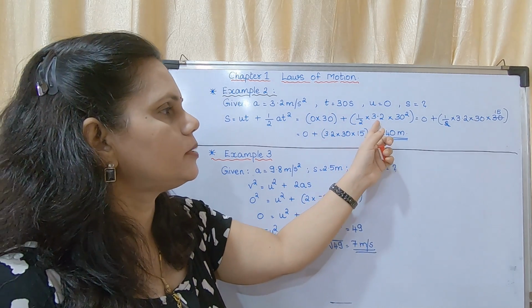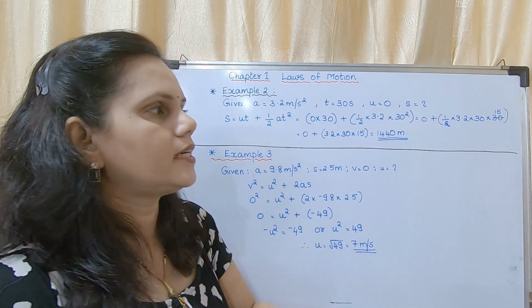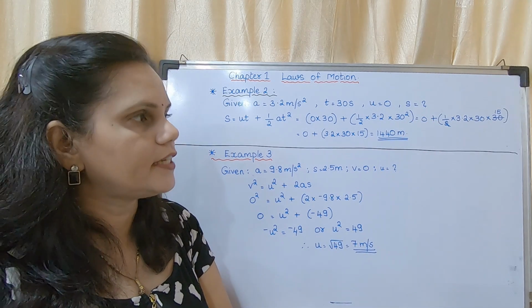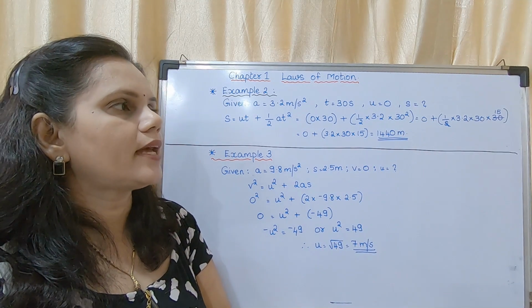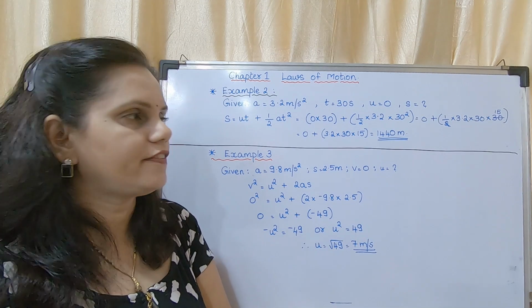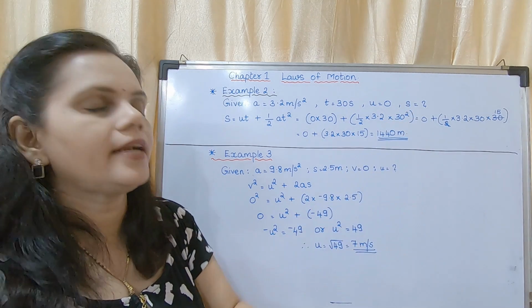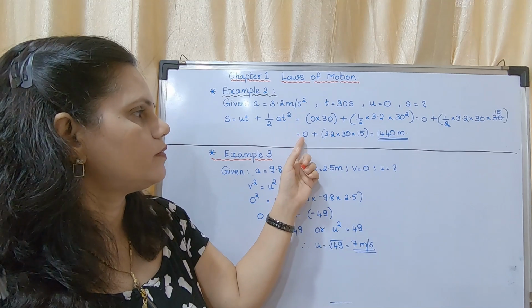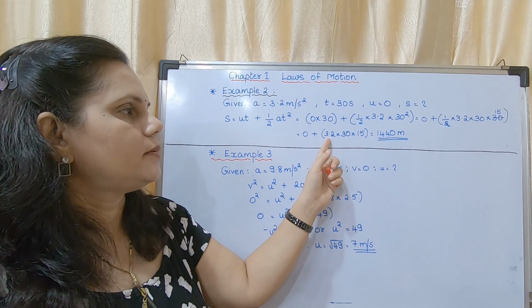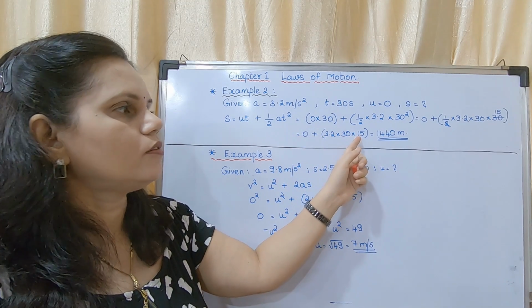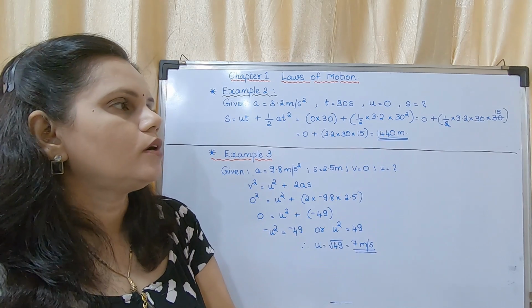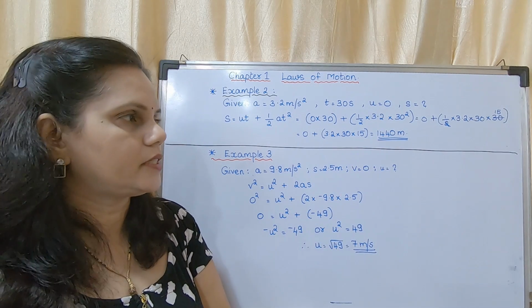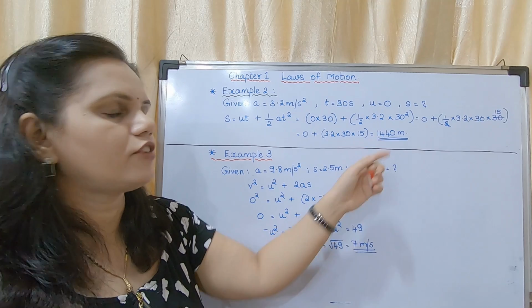So half into 3.2 into 30 square. 30 square I have taken as 30 into 30, and 2 and 30 will get cancelled to get 15. So we will get 0 plus 3.2 into 30 into 15, which is equal to 1440 meters. So the answer is 1440 meters.